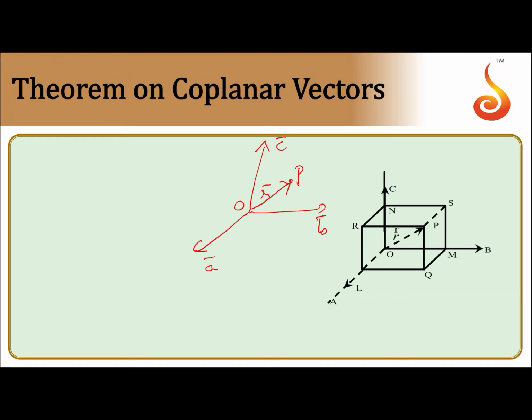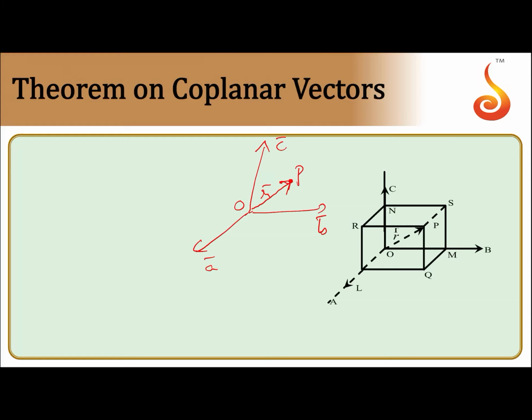Through the point P, take the planes which are parallel to AOB, BOC and COA.